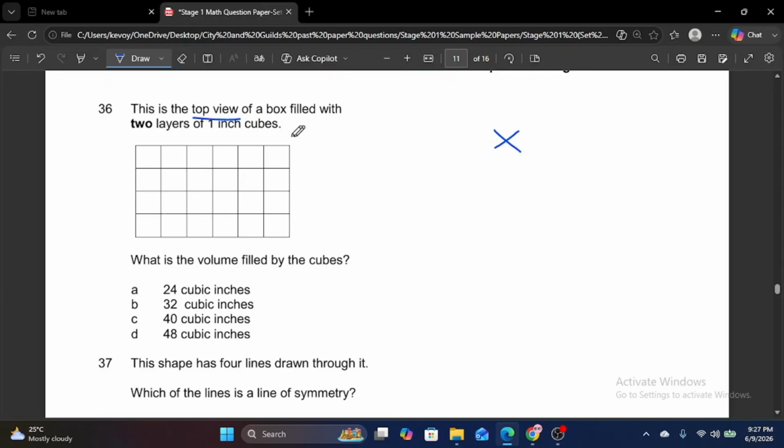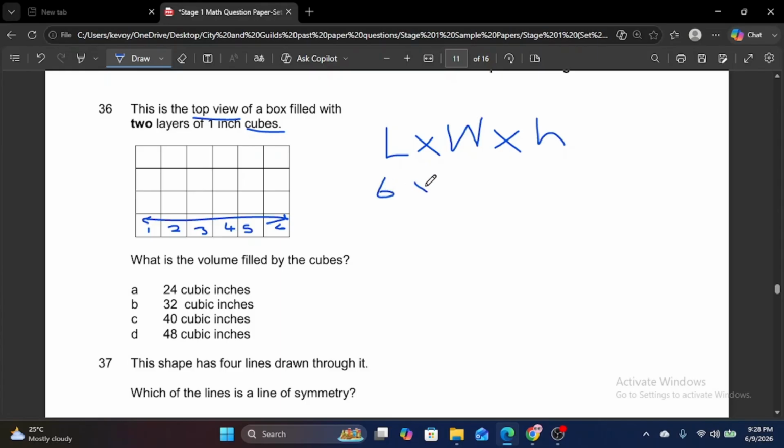So this shape right here is a cuboid, so it's going to be length times width times the height. The length is going to be the longer side. So that's 1, 2, 3, 4, 5, 6. So your length is going to be 6.